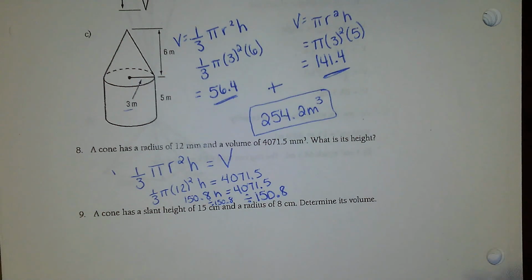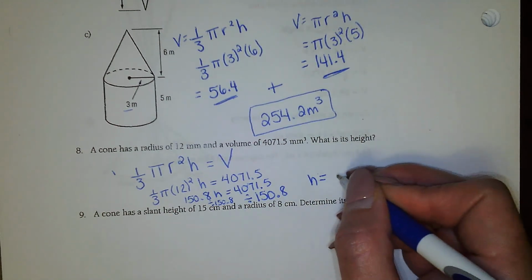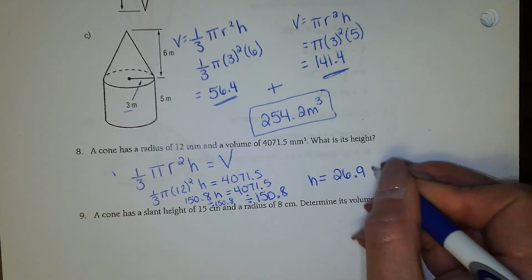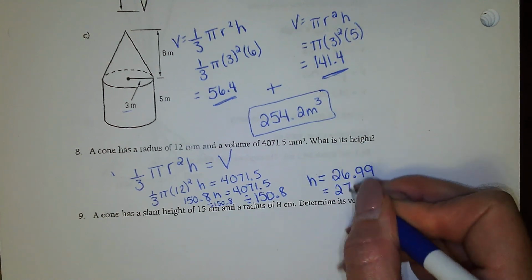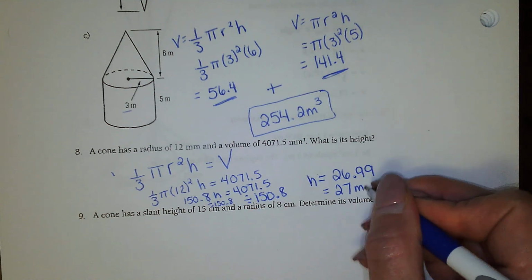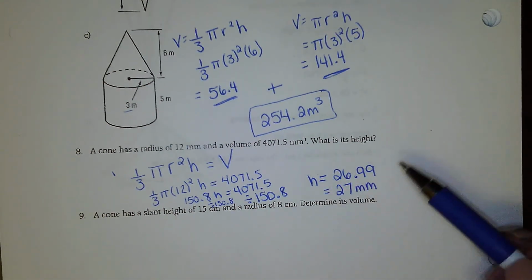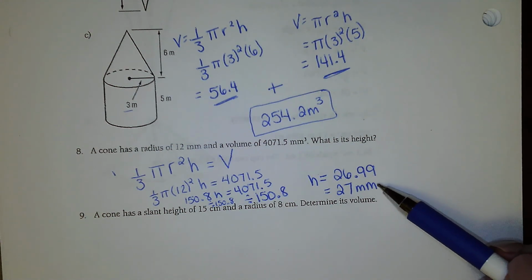Sorry about not having room there. And in the end, your height is going to equal, when I calculated this, I got a couple of 9s after the decimal, so I may even just round that up to 27, make it a nice number. This was in millimeters, and because we're calculating height, that's a linear dimension, not a cubic dimension, and so we won't have a cubed on the top there.